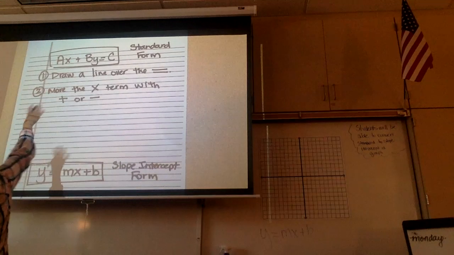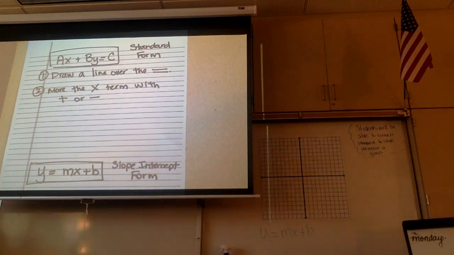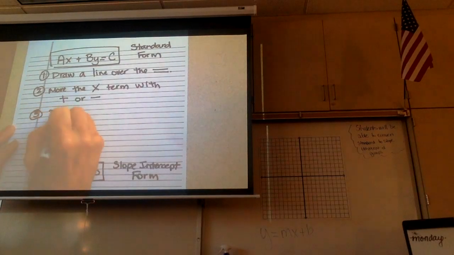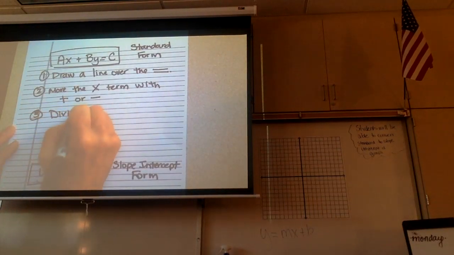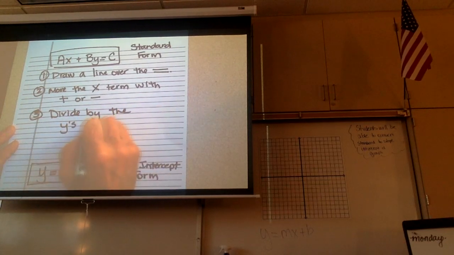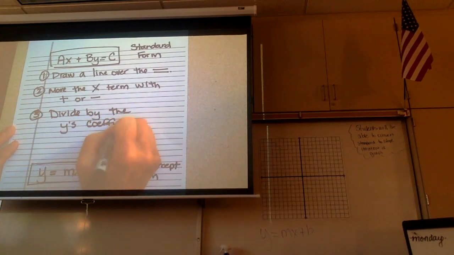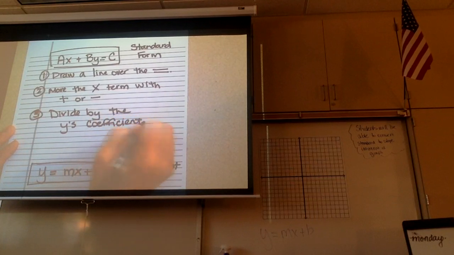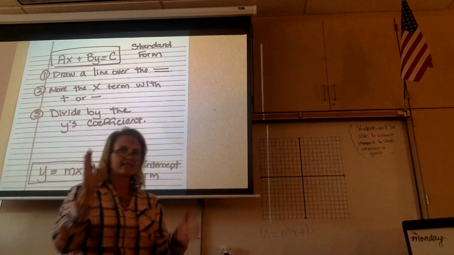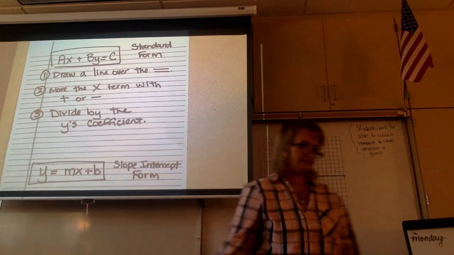So then I've still got my by. So then I'm going to divide by the y's coefficient. That step will get my y all by itself. When I divide, I need to divide every term.